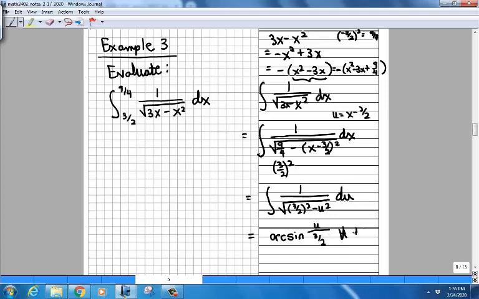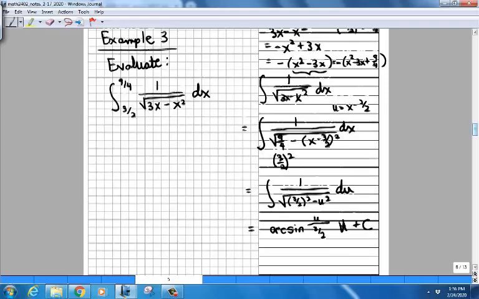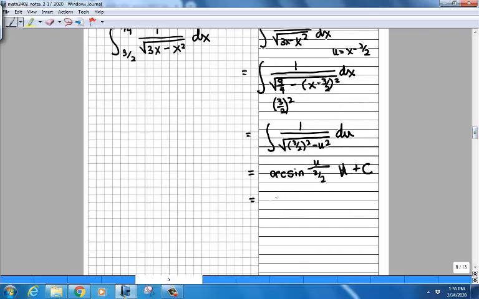And then normally we would add a constant here, but let me go ahead and add it just for clarity. So this looks like arcsine of, dividing by 3/2 is the same as multiplying by 2/3. So you have 2/3 of u, but u is x minus 3/2.